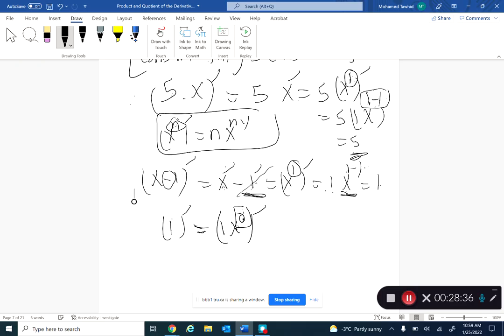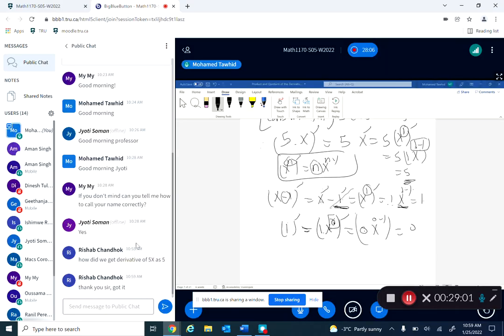If I compare, n is 0. So what is the derivative of that? I put 0 in front, that is your n. And here, 0 minus 1. 0 multiplied by anything, what did you get? You get 0, right? So that is the reason we mentioned the derivative of any constant should be 0. All right? Is that clear?